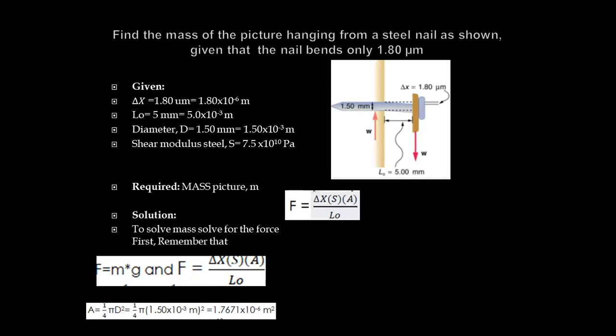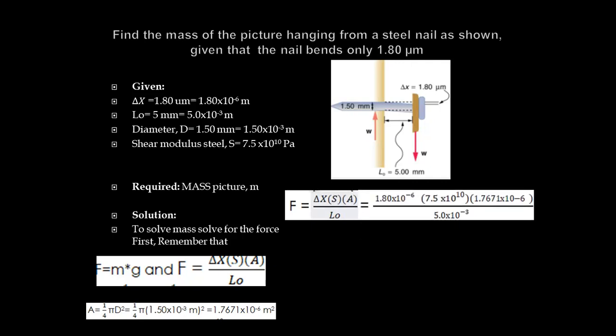Plugging in the values for the force, this gives us 1.8 times 10 raised to negative 6 for the shear deformation, in meters, times 7.5 times 10 raised to 10 pascals for the shear modulus, multiplied with the cross-sectional area, 1.7671 times 10 raised to negative 6 meters squared, all over the original length of the nail in meters at 5 times 10 raised to negative 3.